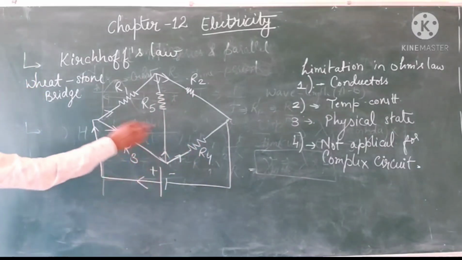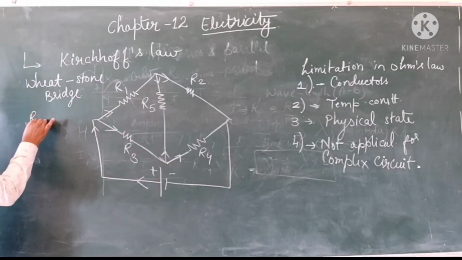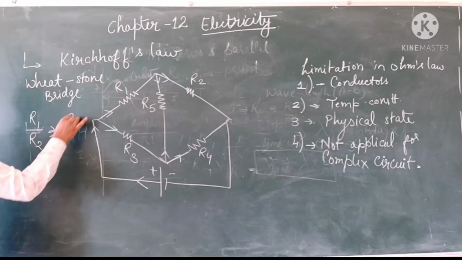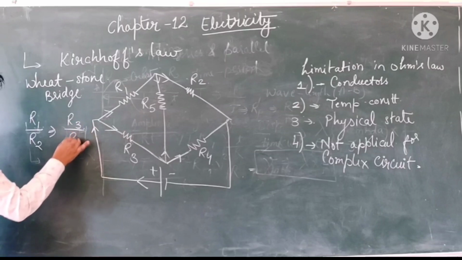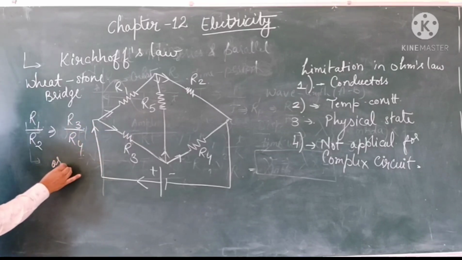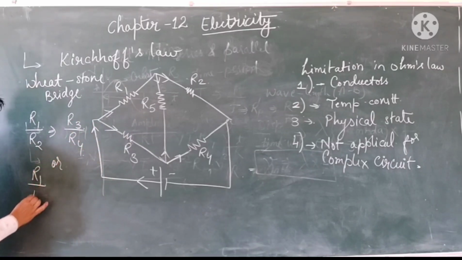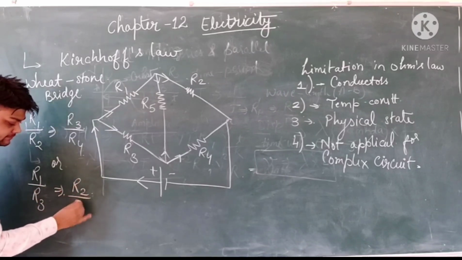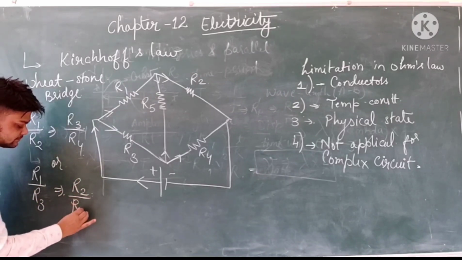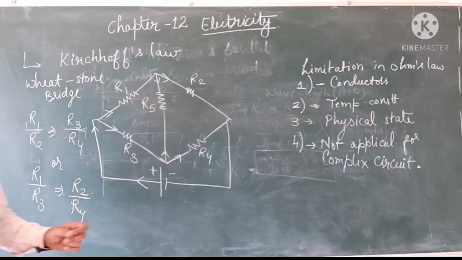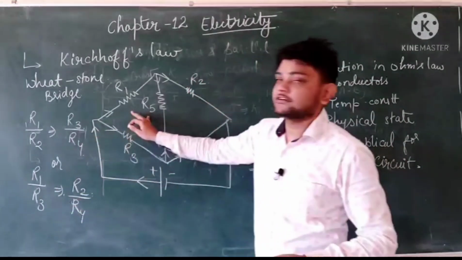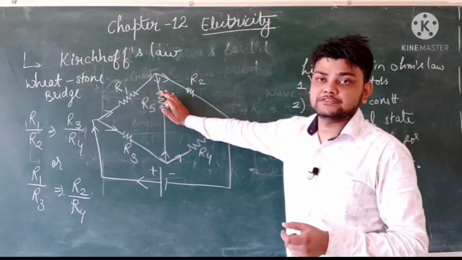The ratio R1 by R2 should be equal to R3 by R4, or R1 by R3 should be equal to R2 by R4. If these ratios are the same, then only we can make the condition of a balanced Wheatstone bridge.